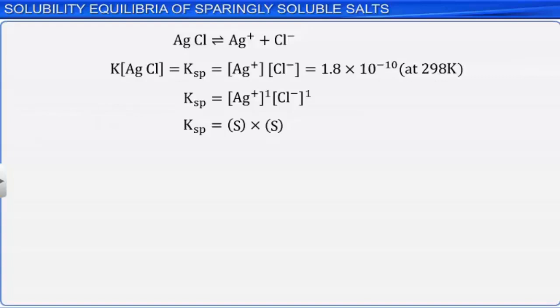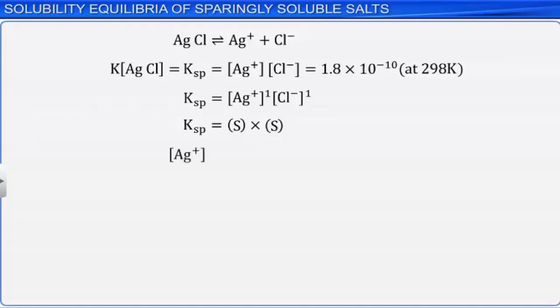Mathematically, we can write Ksp expressions using molar solubility, S, in place of individual ion concentrations. Note that molar solubility is the number of moles of the substance present in 1 liter of the solution. If we define S mole per liter as the molar solubility of silver chloride, then S moles of this salt dissolve in 1 liter of solution.